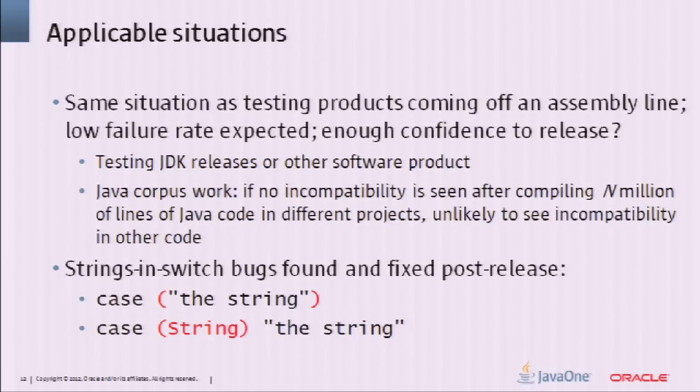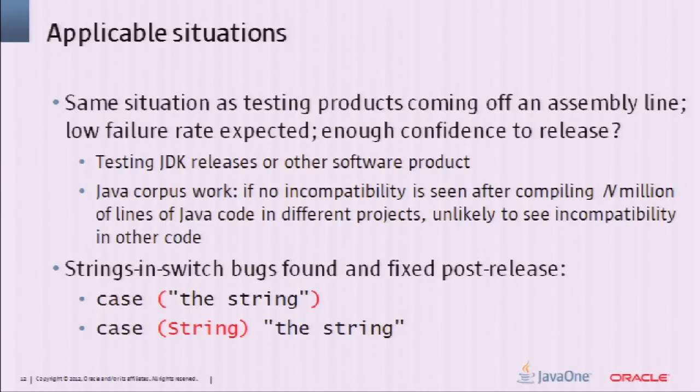Now, it's possible, of course, that some people are using that programming idiom, but it's pretty easy to work around. There are even little things like the bug tail of strings in switch. I worked on the implementation of strings in switch. I also wrote a very extensive set of tests. The code in javac had pretty much 100% code coverage, so I was very confident of the quality of strings in switch.